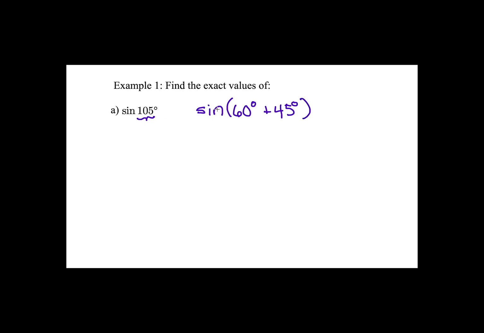So now I have sine of two angles that are added together. So since I have addition, you multiply sine of the first angle times cosine of the second angle, keep the sign the same, and then sine of the second angle times cosine of the first angle. And since it's exact values, they do want radical form for your answers.